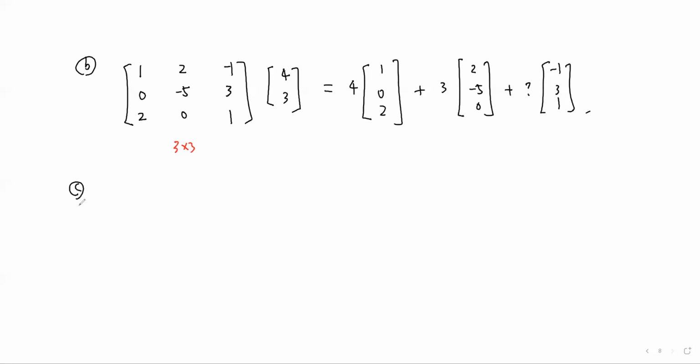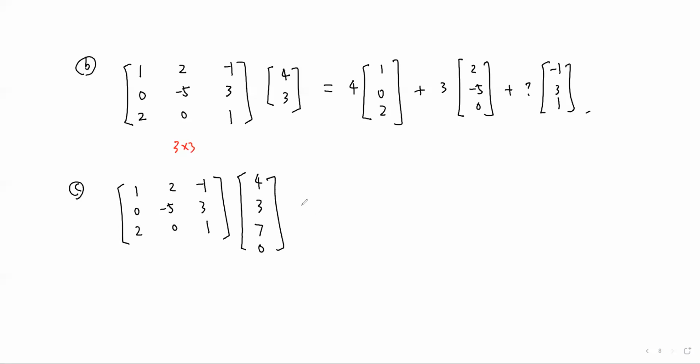One more, say part C. Here the matrix is 1, 2, -1, 0, -5, 3, 2, 0, 1. Now this matrix has 3 columns, but the vector now has 4 entries: 4, 3, 7, 0. This time, this product is not computable, not defined. Have a try.